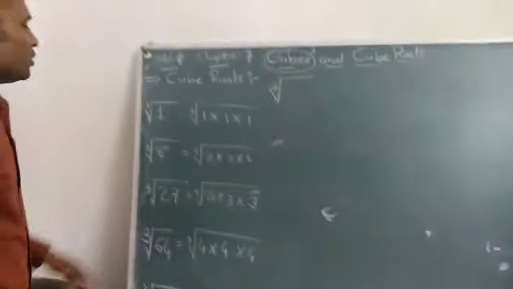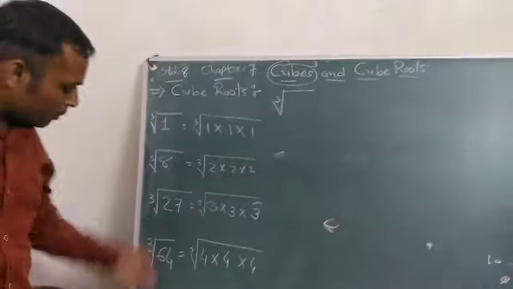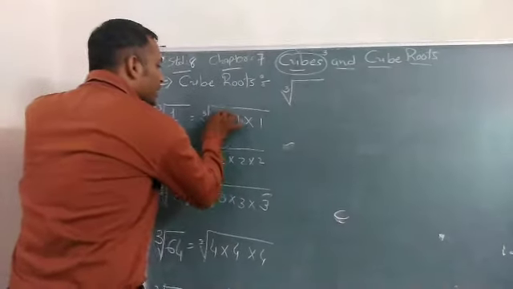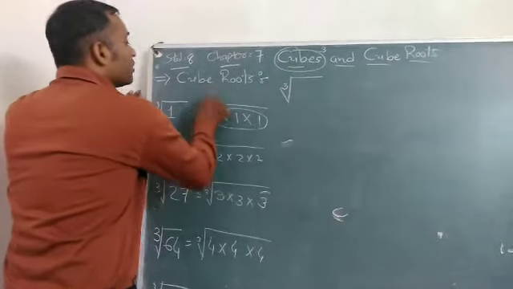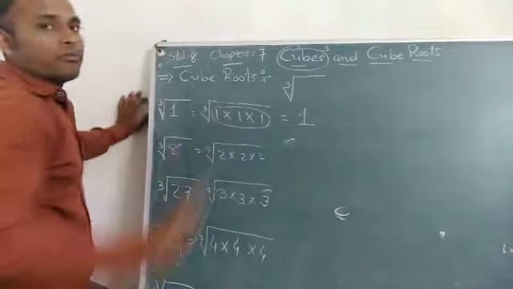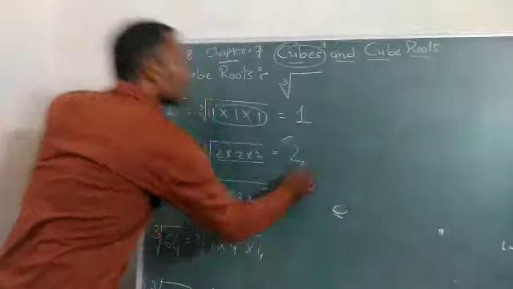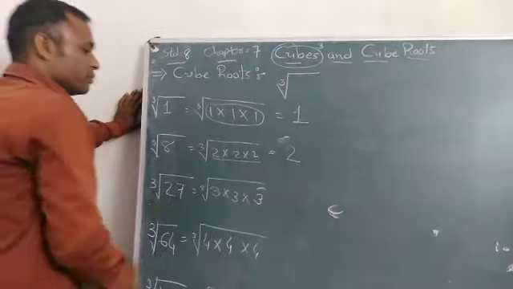Okay. So here we can write the same way. Now 1 is repeated 3 times, so after we take the cube root, we can write it only 1 time. 2 is repeated 3 times, after cube root it becomes 1 time.